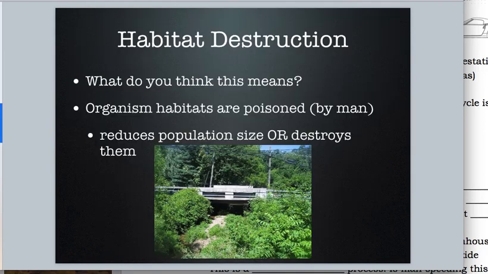Something else we're doing is called habitat destruction, which means what you think it means. We are destroying habitats of animals. This is a bridge, obviously. Every time we in eastern North Carolina put a bridge over a creek or a waterway, oil and other things from cars that are not maintained but are being driven on the roads seeps down into the water underneath.